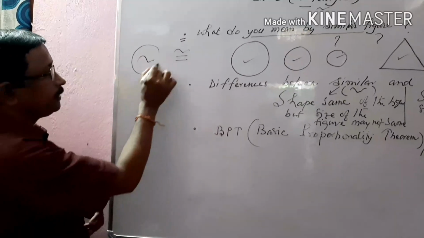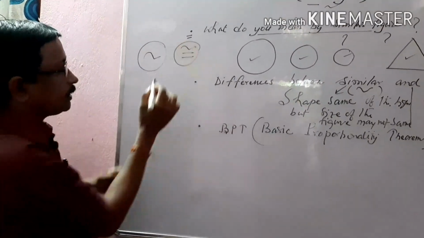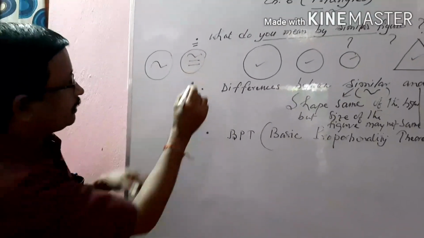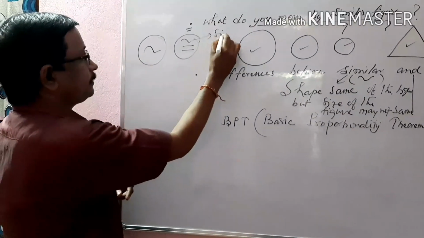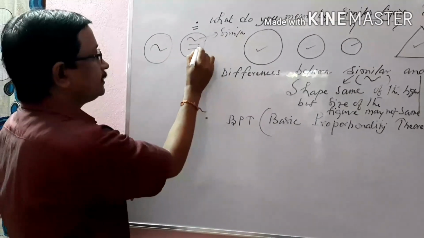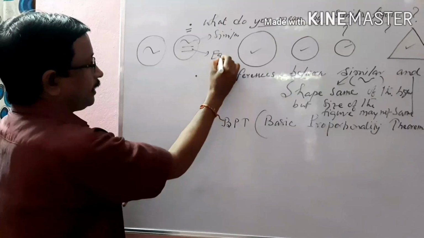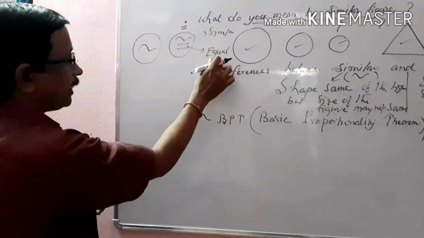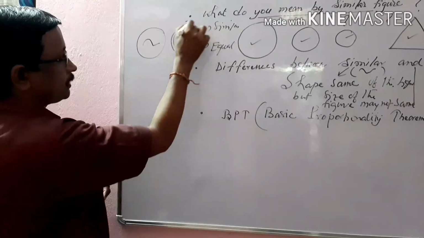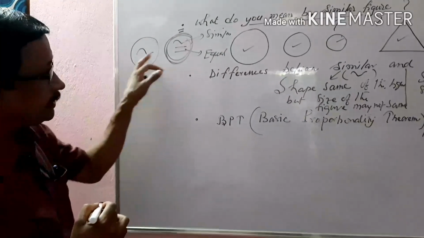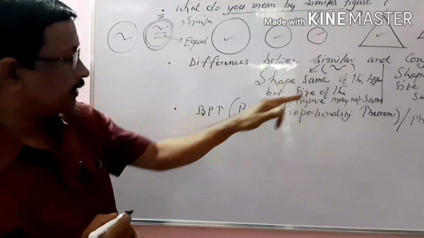This symbol indicates similar and this symbol indicates equal. Then similar and equal together make congruent, and this one alone is only similar.